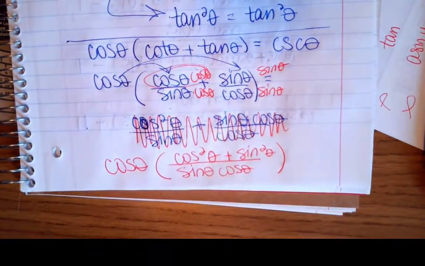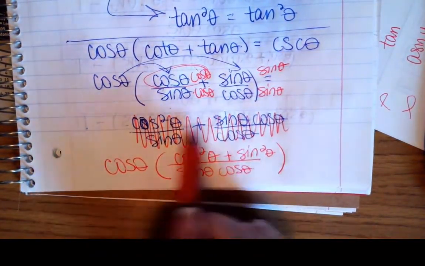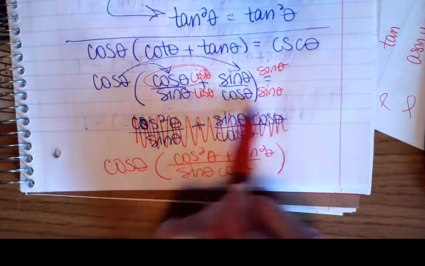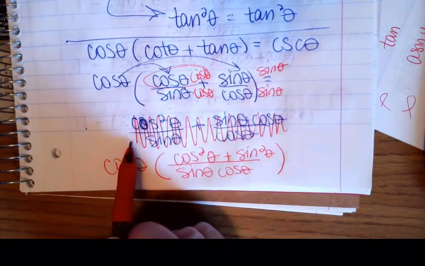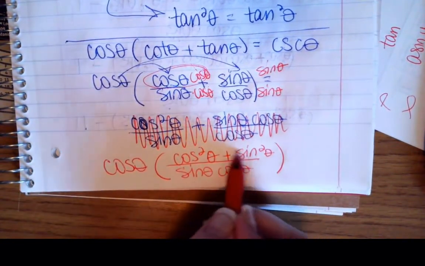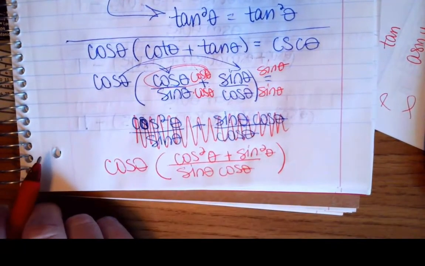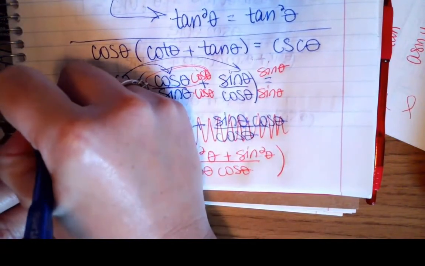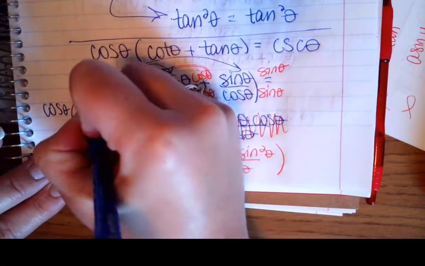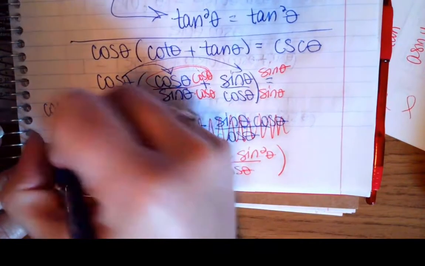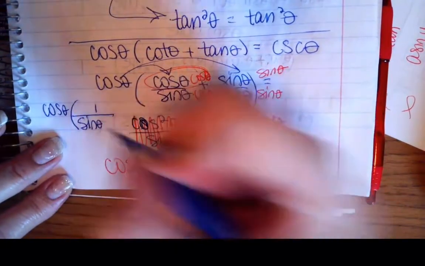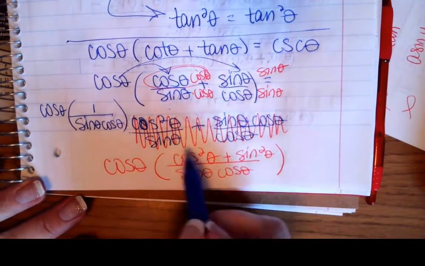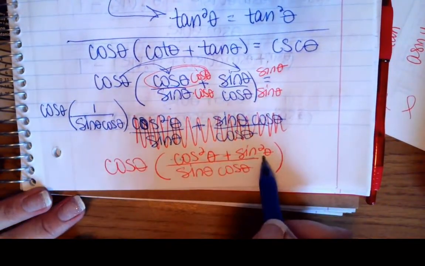So I tried something, I didn't like how it was looking. I could have gotten a common denominator there, but it's going to be easier to do it here before I distribute. And now I notice something magical. This turns into 1 because it's a Pythagorean identity. So what I have now is the cosine of theta times 1 over sine theta cosine theta. So this whole thing right here turned into a 1.